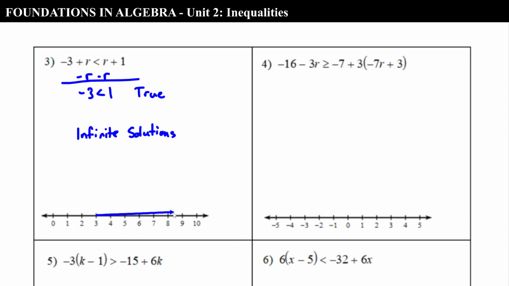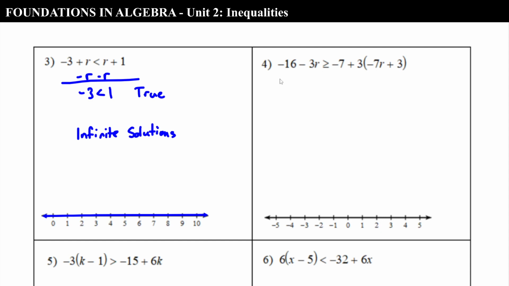You're going to fill from one side to the other. You're going to fill in the whole number line. So now you've seen what all three look like. Let's do a few more examples and see what we get.